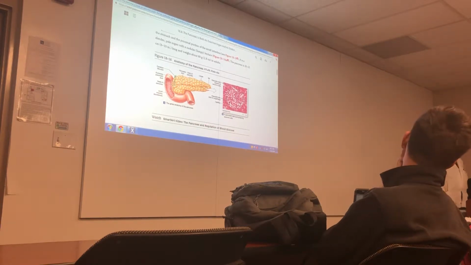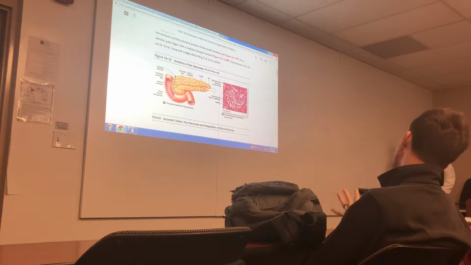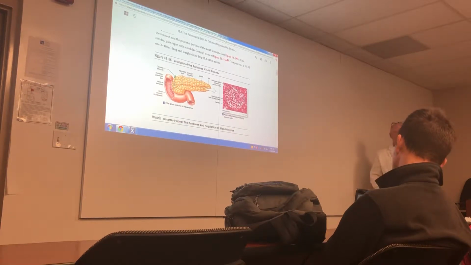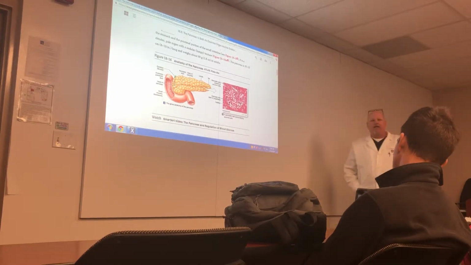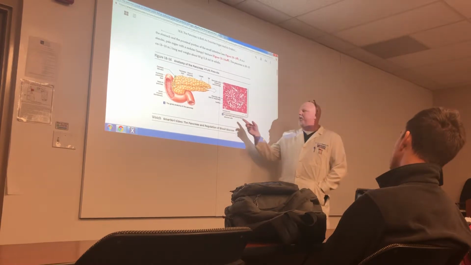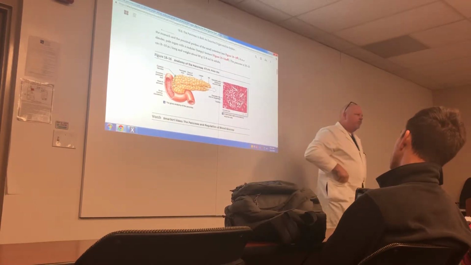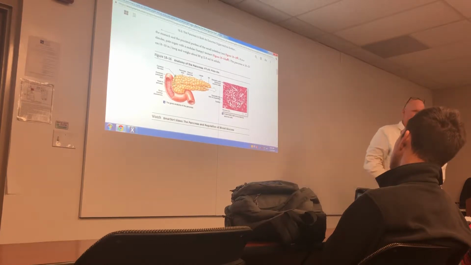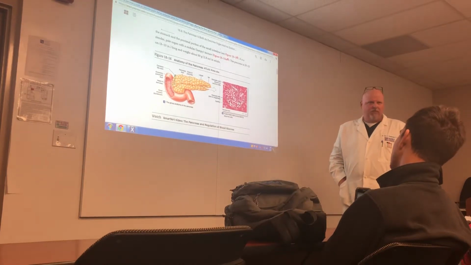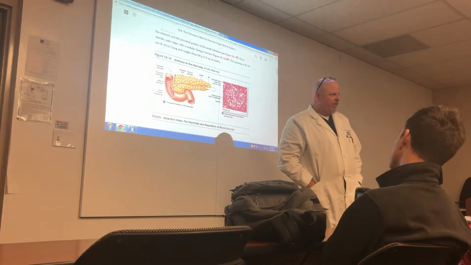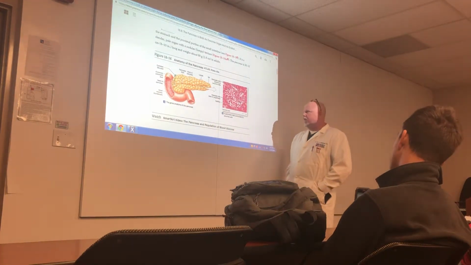And then of course the endocrine system, those cells that secrete that insulin and glucagon are in this structure, which is called a pancreatic islet, also known as a what? Starts with an L, sounds like Langerhans. Islets of Langerhans, okay? That is where we'll find the secretion of these guys, the endocrine stuff.